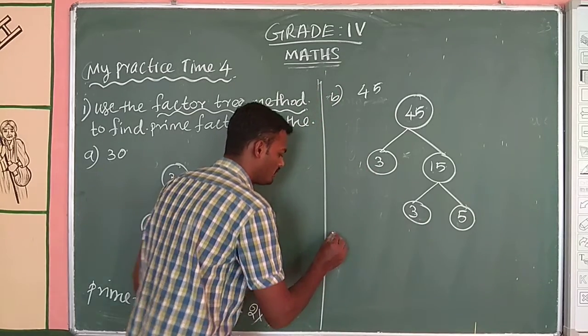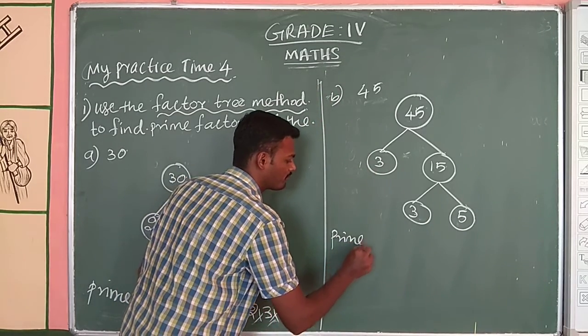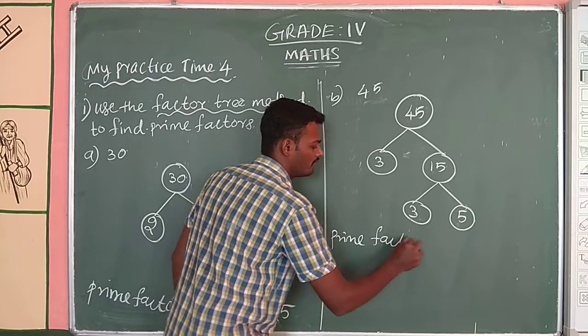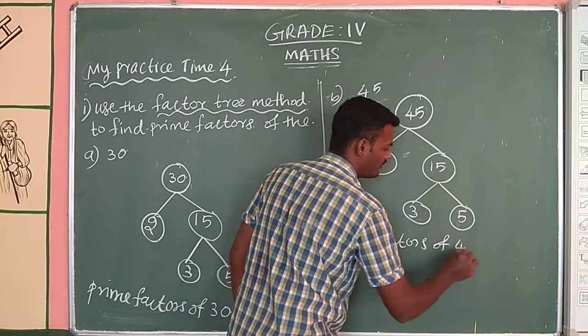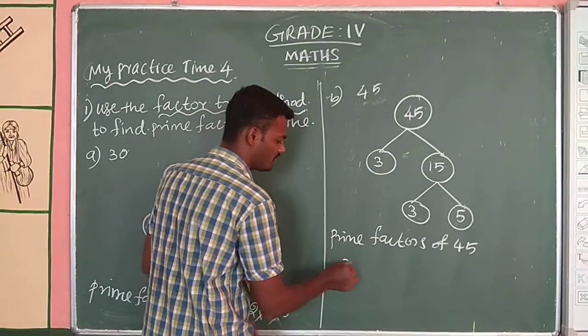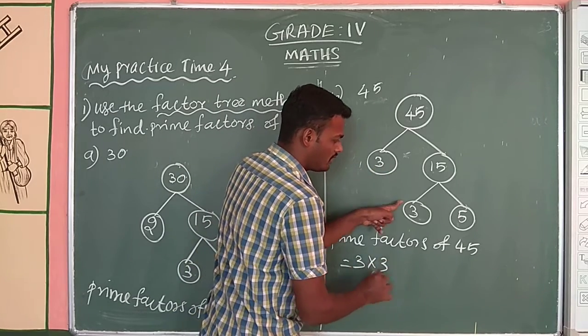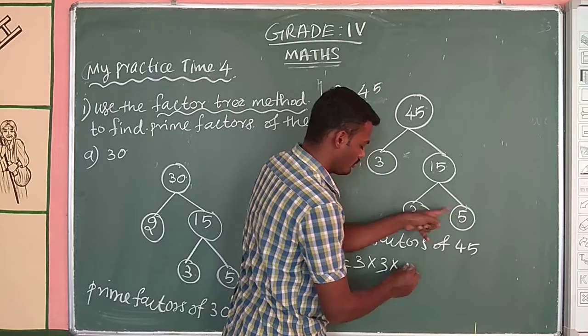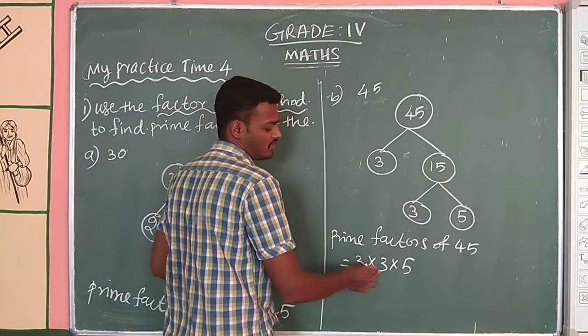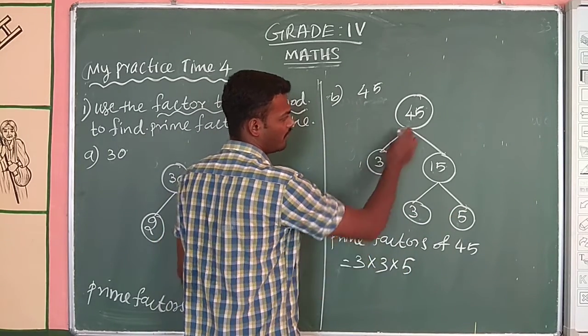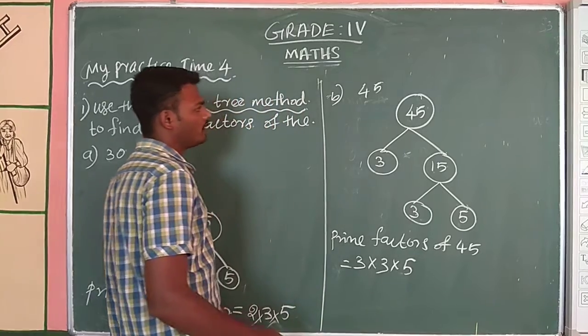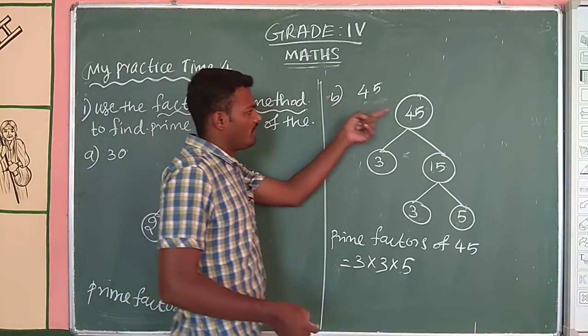Next, we can write the prime factors of 45 is equal to 3 into 3 into 5. So 3 3s are 9, 9 5s are 45.